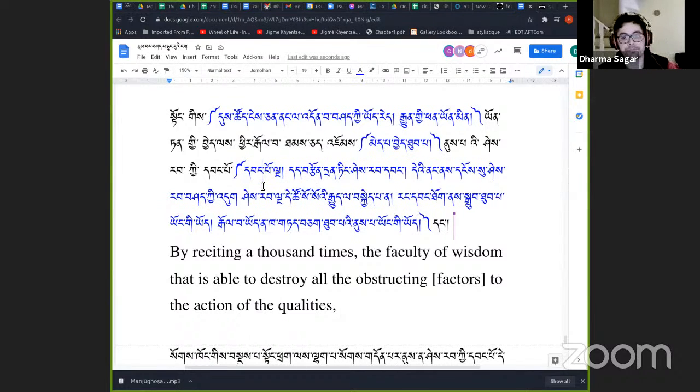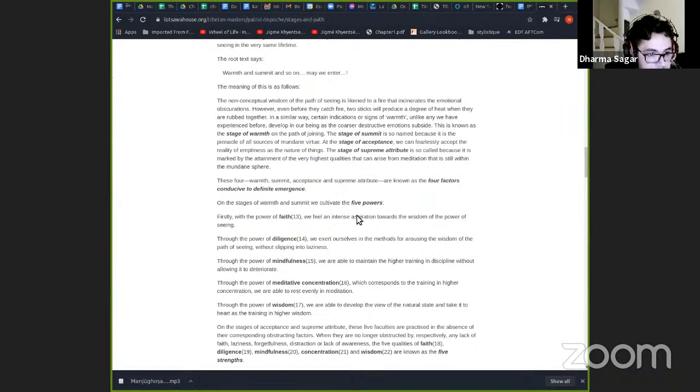And so Campbell was saying that here the five faculties are faith, diligence, attention, concentration, and wisdom. Let's see what they say here: faith, diligence, mindfulness, meditative concentration, and wisdom.